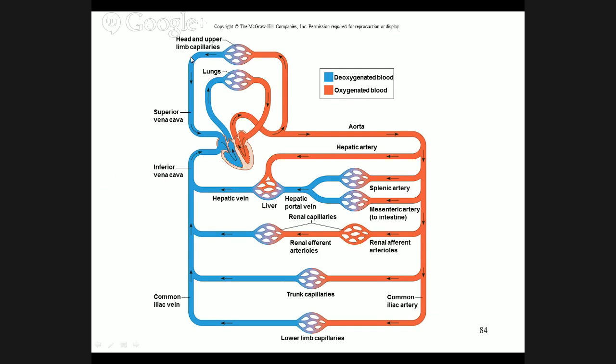The blood, again deoxygenated, goes to the superior vena cava into the heart, and it goes to the lungs, and then it's oxygenated, heads back into the heart, and the aorta takes it to different branches, different arteries, and then in the capillaries you have the gas exchange, and that blood again is taken, like the lower limb capillaries send blood to the common iliac vein, while the hepatic portal vein sends blood into the capillaries and out into the hepatic vein.